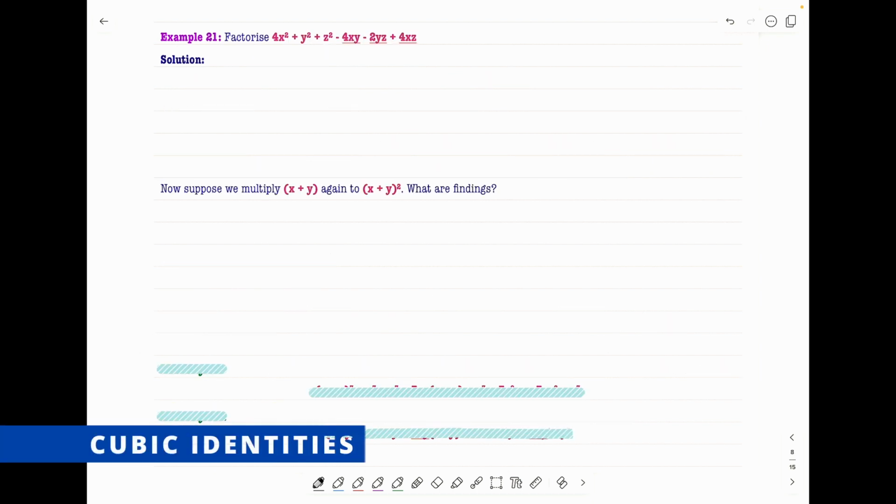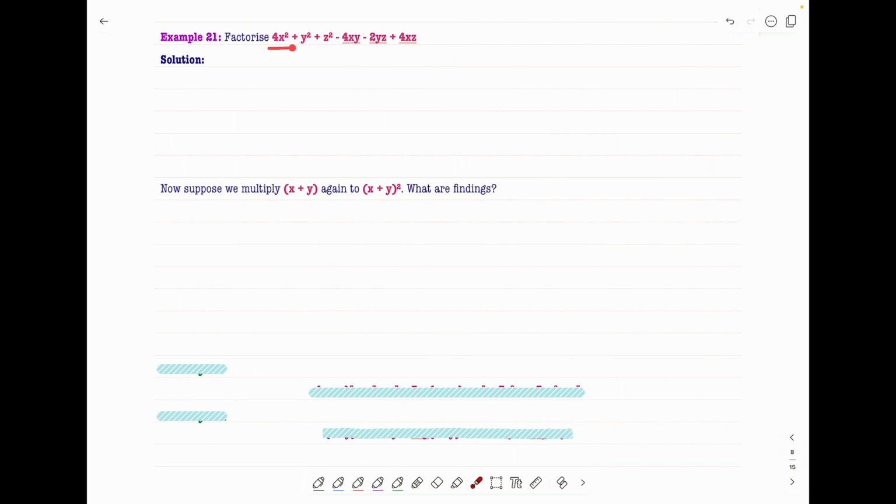Now we are going to factorize an equation. The second question has told us to factorize this equation. The question given is 4x square plus y square plus z square minus 4xy minus 2yz plus 4xz.